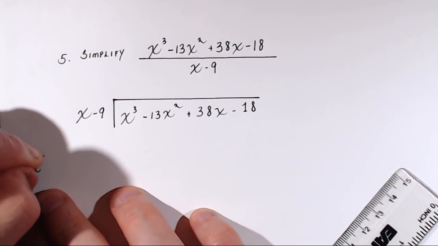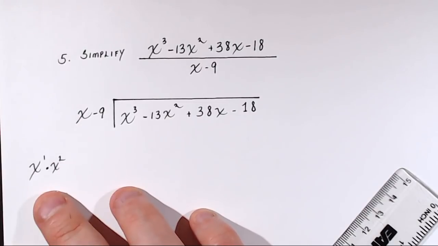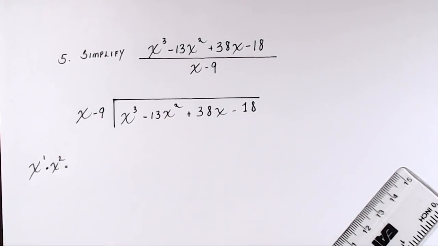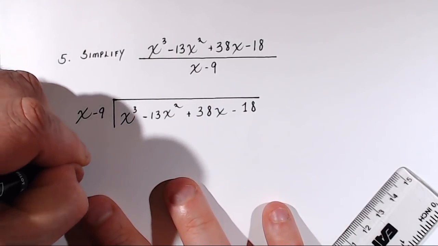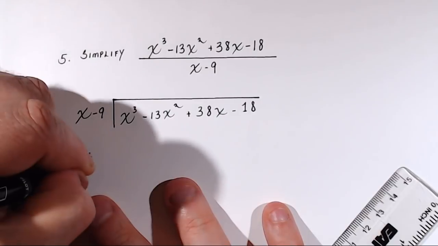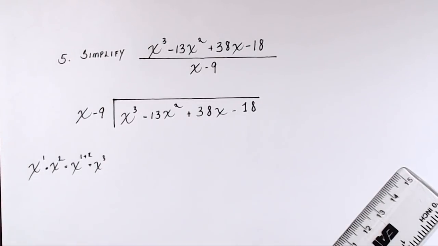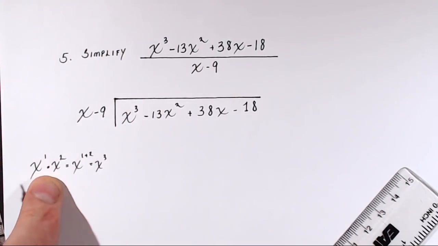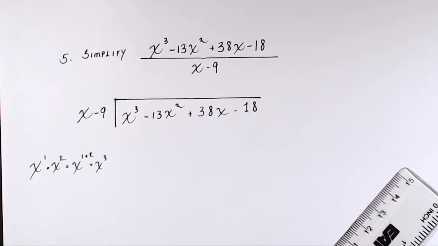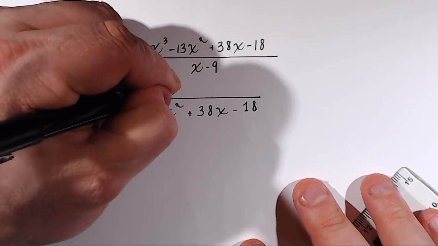X to the first power times x to the second power equals, remember the product property of exponents, x to the 1 plus 2 power, which equals x cubed. So I have to multiply x times x squared to get x cubed. And where am I going to write that? I'll write it here, x squared.